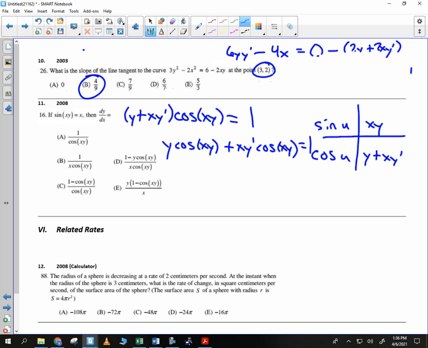I'll have to subtract the y cosine of xy to get xy prime cosine of xy equals 1 minus y cosine of xy. Then I'm going to divide off the x cosine of xy. And at this point, you maybe stop because you see that the answer is sitting right there. It is, in fact, letter D, as you divide off that x cosine of xy.